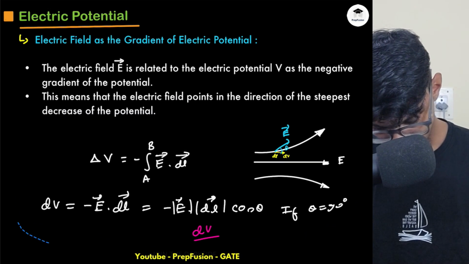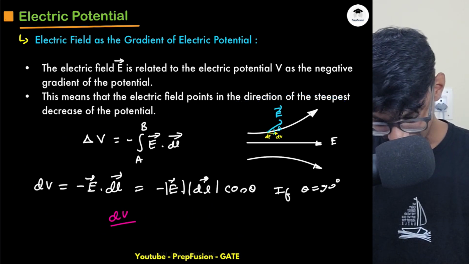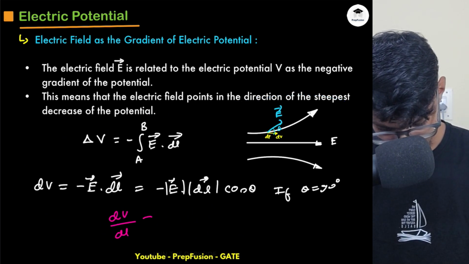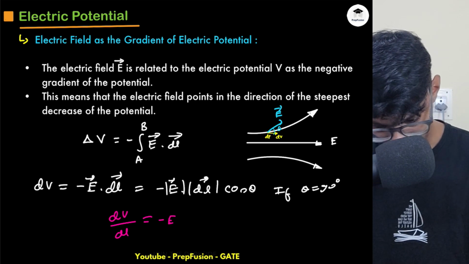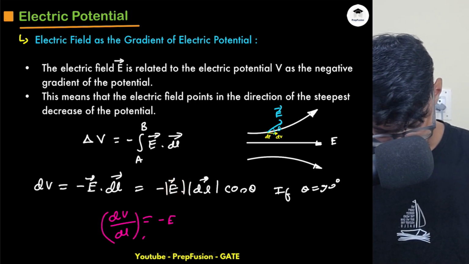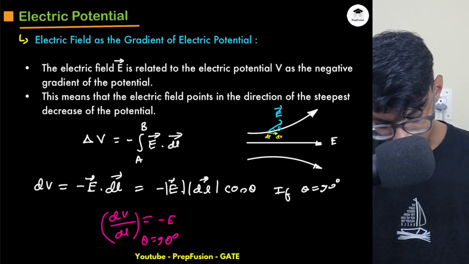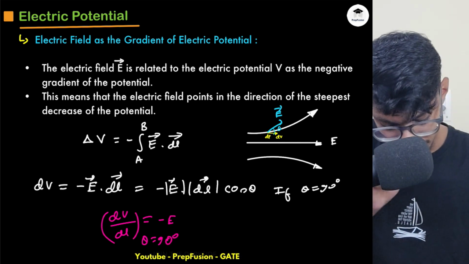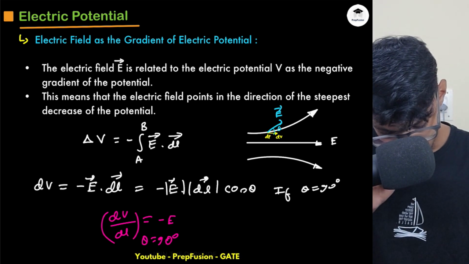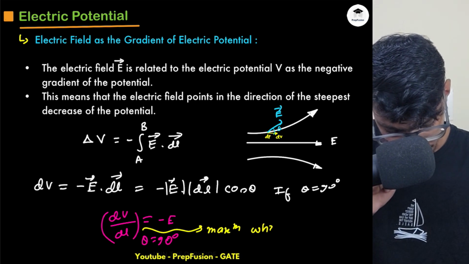This is not the actual proof, so don't give me any abuses. So this will be dV upon dl equal to minus of E, if I am just talking about the magnitude of this, when theta is 90, and dV upon dl is maximum. So dV upon dl is maximum when theta is 90.